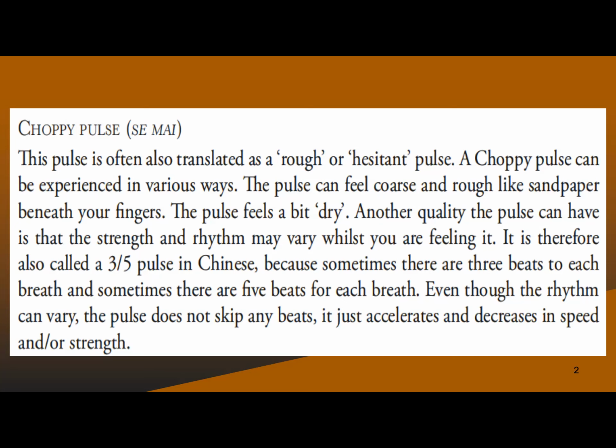The pulse feels a bit dry. Another quality is that the strength and rhythm may vary while you are feeling it. It is therefore also called a 3/5 pulse in Chinese, because sometimes there are 3 beats to its breath and sometimes there are 5 beats for each breath.